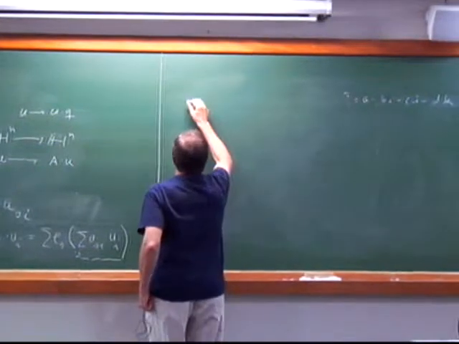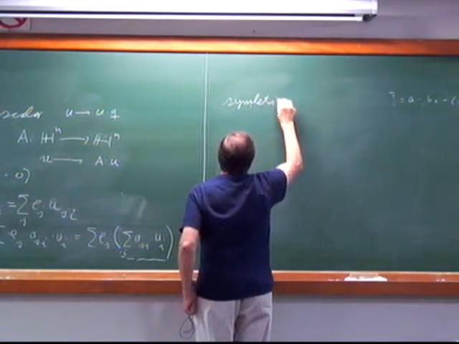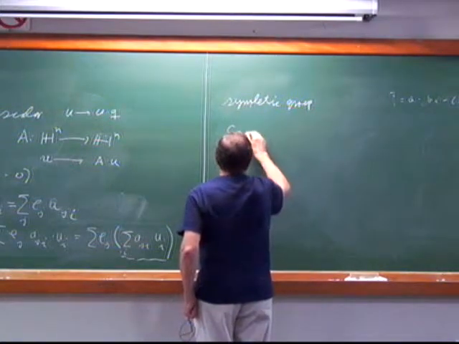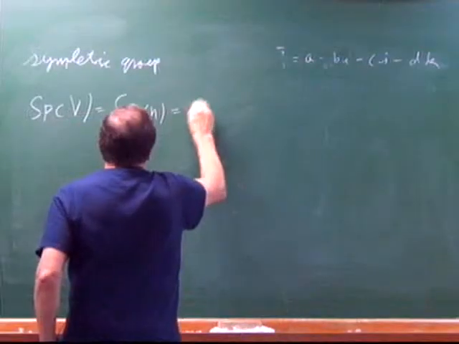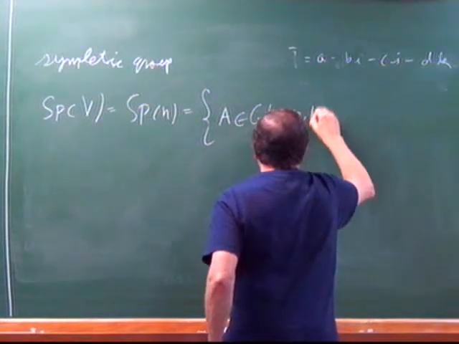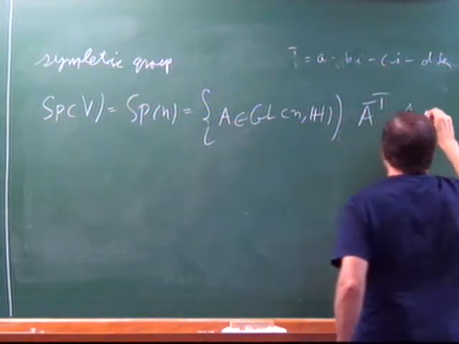So I define the symplectic group, SPN, or SP of a vector space if I want to. It is the set of all matrices with quaternionic entries such that A bar transpose times A is the identity.